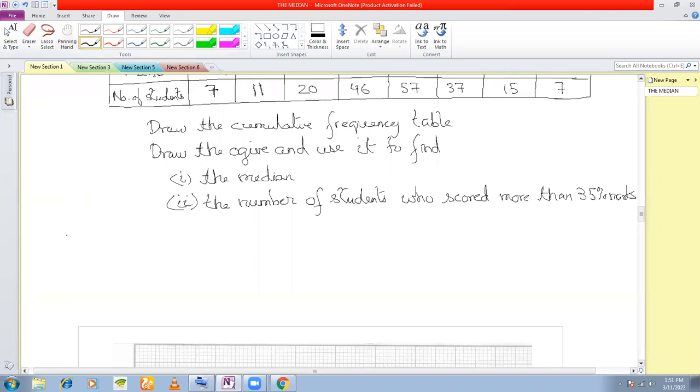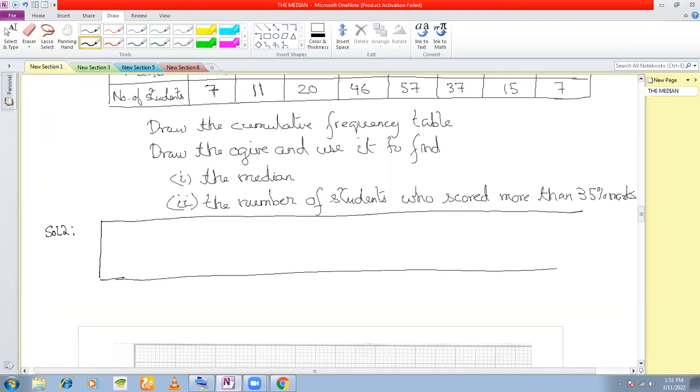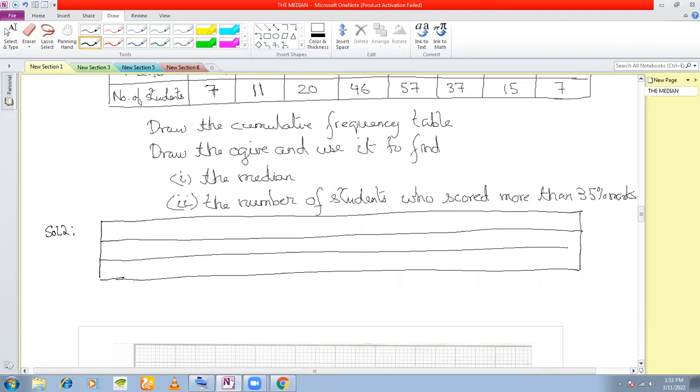So let us draw this table here. In this table, you will have 3 rows. The first row will be for class boundaries.